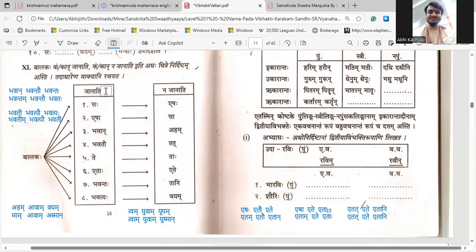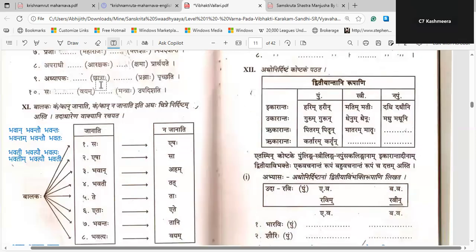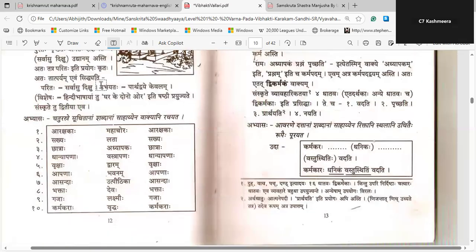Janati means he knows. Na janati means he does not know. So the first word is balakaha, and saha is given. If I convert saha into Dvitiya Vibhakti, it will be tam.